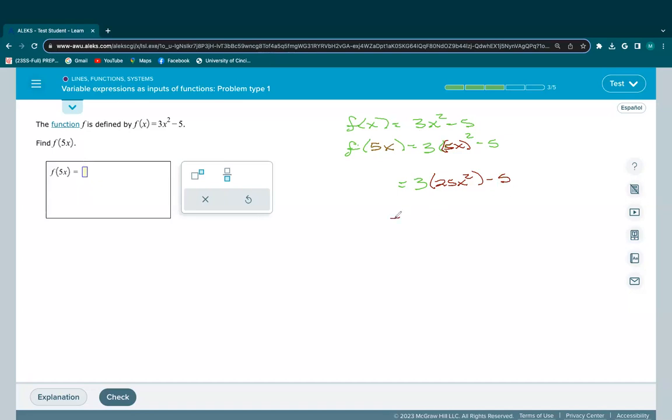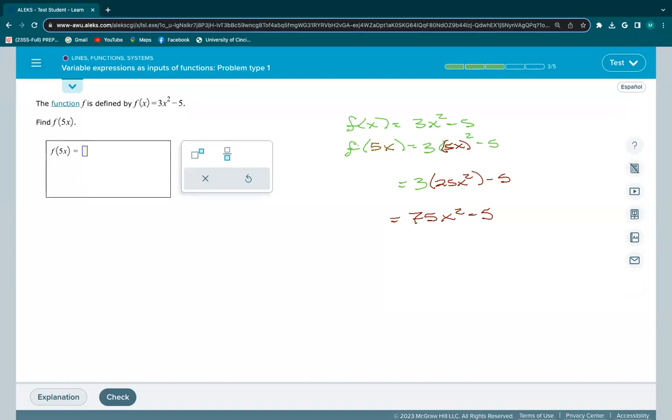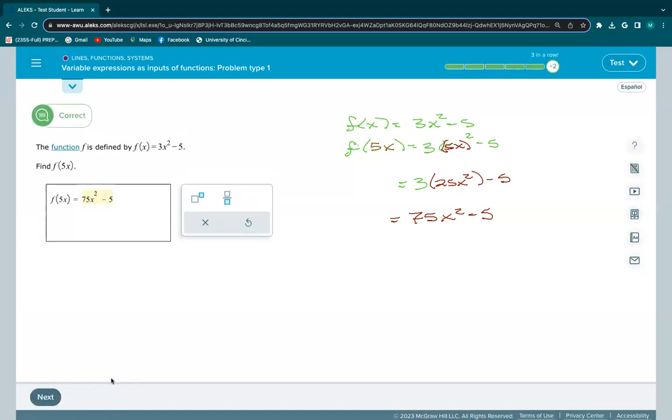So distributing my 3 to the 25x squared, this is going to become 75x squared minus 5. I can't do anything else with it because I do not have any like terms. So we're going to type that in. 75x squared minus 5. Check our answer. All right, and we are good with this topic, hopefully.